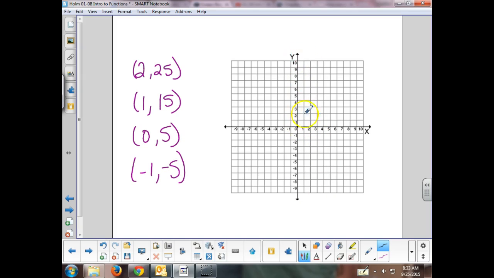I'm going to count by 5s going up the y-axis: 5, 10, 15, 20, 25. The graph, yes, I want you to at least sketch it. Have a coordinate plane and the line in the correct direction.